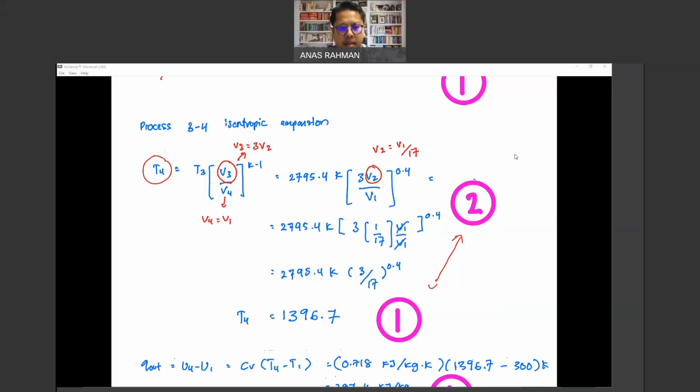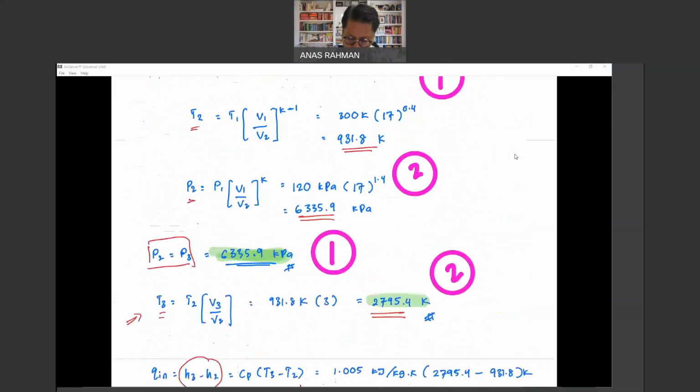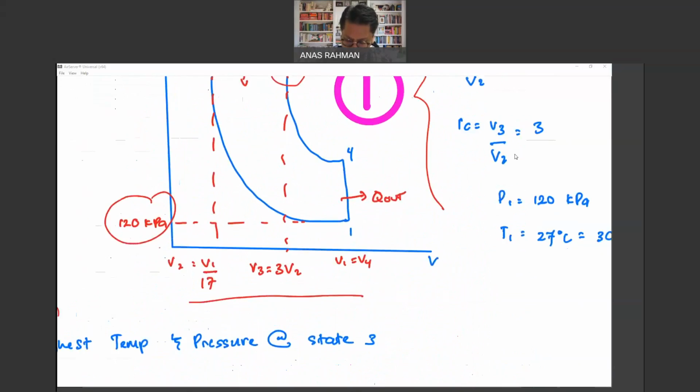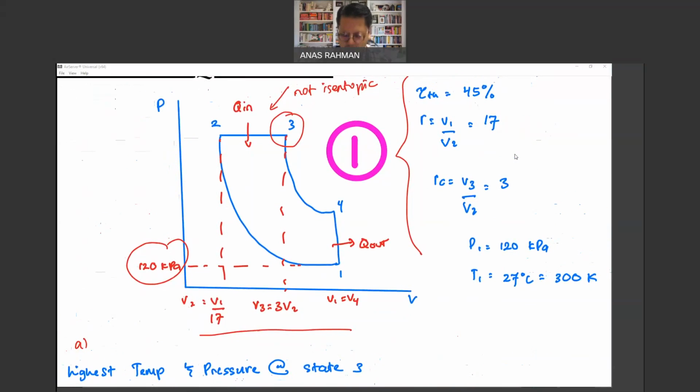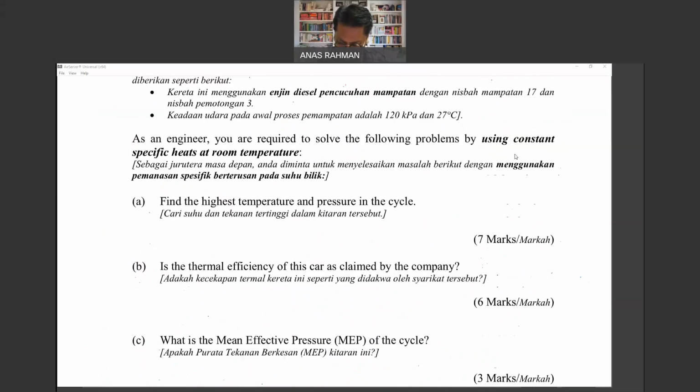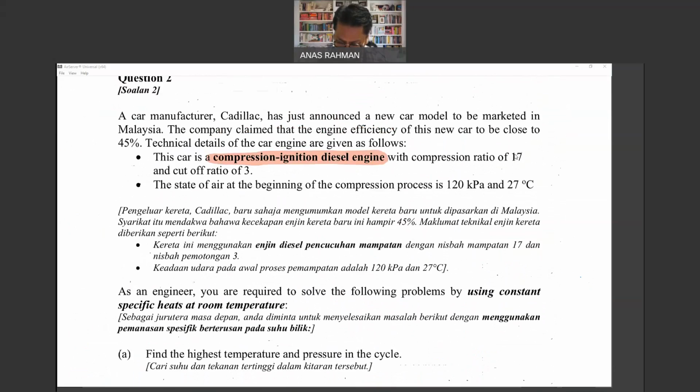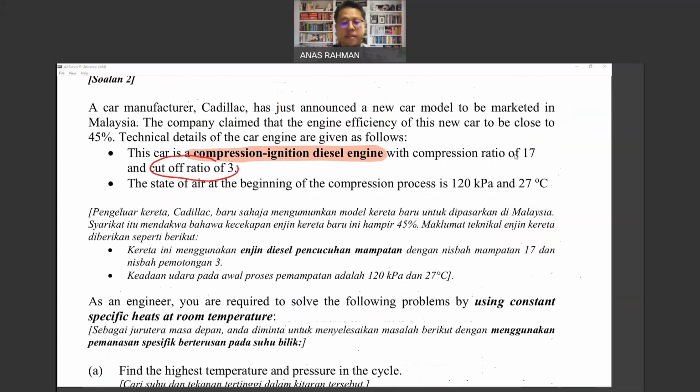However, if you go back to your diagram and look carefully, you should see that you can equate V3 equals 3V2 based on the information given. Remember, if you go back to the question, the cut-off ratio was given.